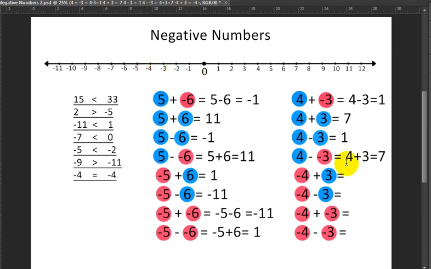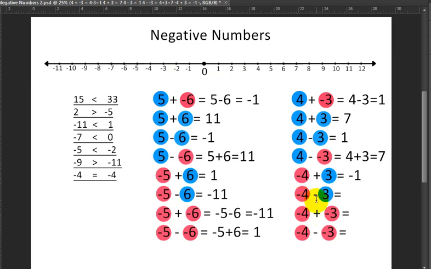We got to minus 1. So minus 4 plus 3 makes negative 1. Again, I headed 3 steps to the right because I was adding a positive number, meaning I was making this number bigger. I was pulling it towards the positives, right?